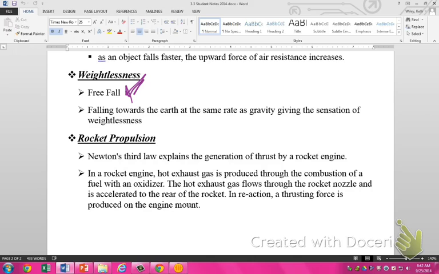They are falling. The shuttle is falling towards the Earth. They are falling at the same speed or same acceleration as our gravity. And since they are falling at the same rate as gravity, they are given the sensation that they are weightless.